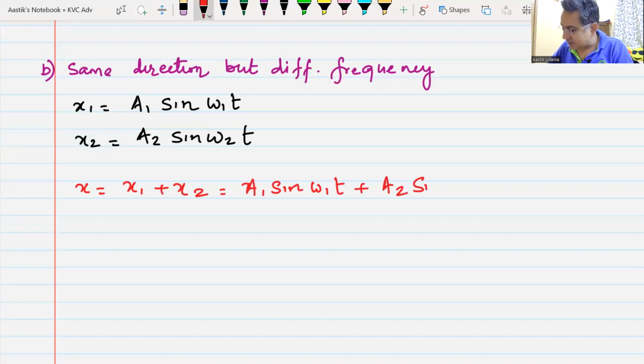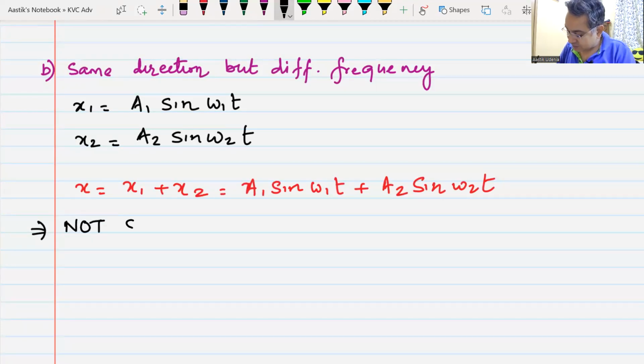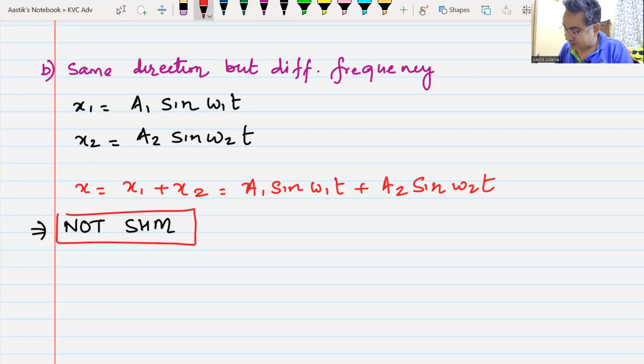So this will be the resultant motion. What you have to understand is that whatever we get in this case is definitely not an SHM. Do we understand this?